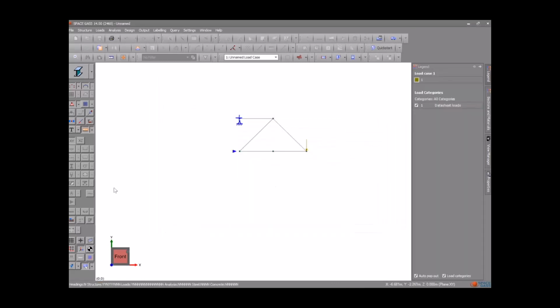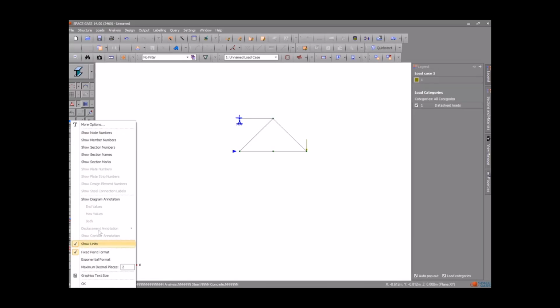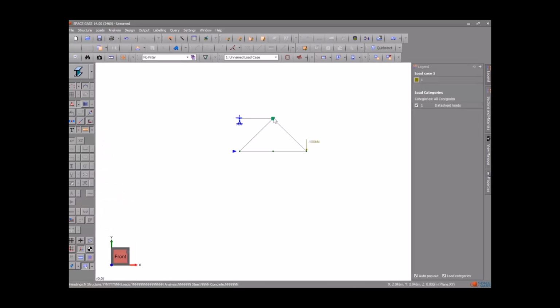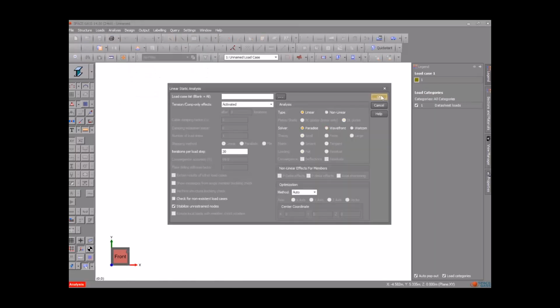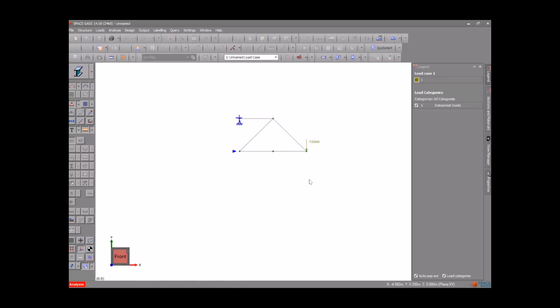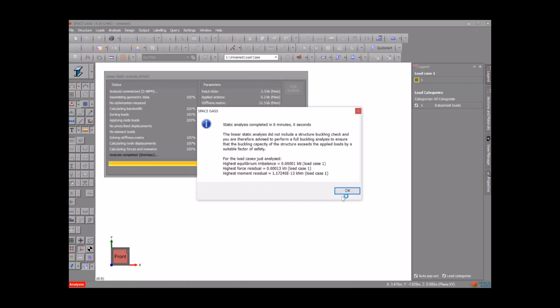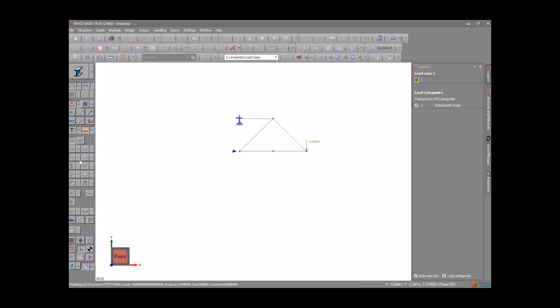Okay, hit OK. And if you want to see that load, you can see this one. We need to find the displacements here. Analysis, linear static analysis. Okay. And then we want to see the displacements. I think there is something wrong.